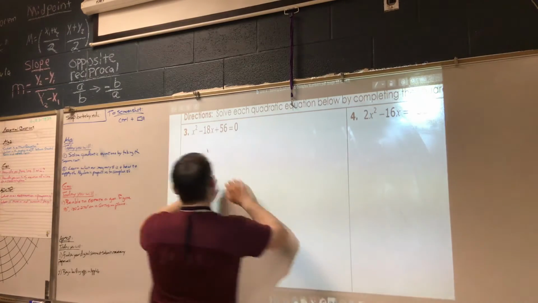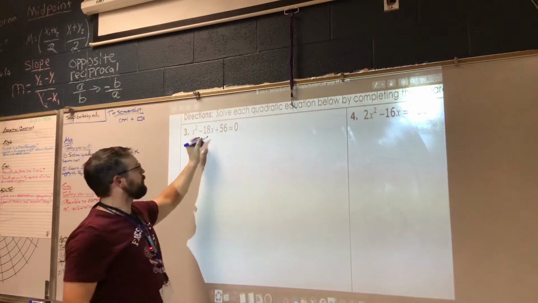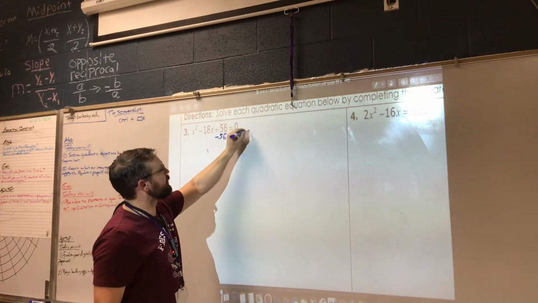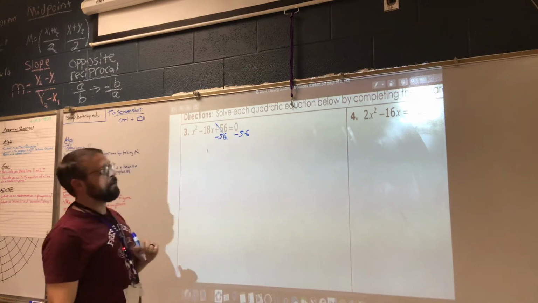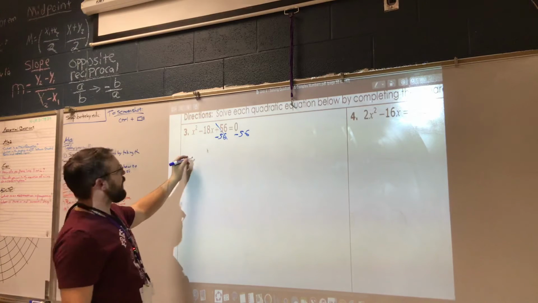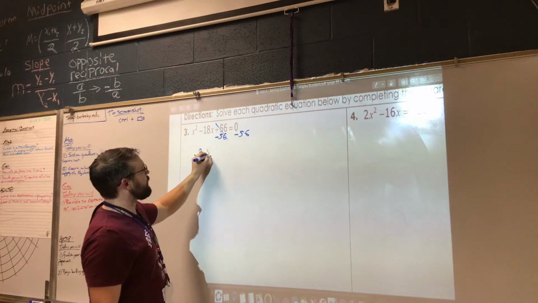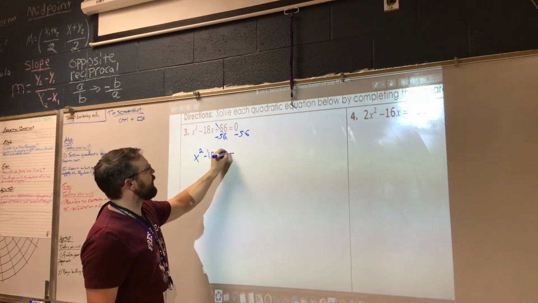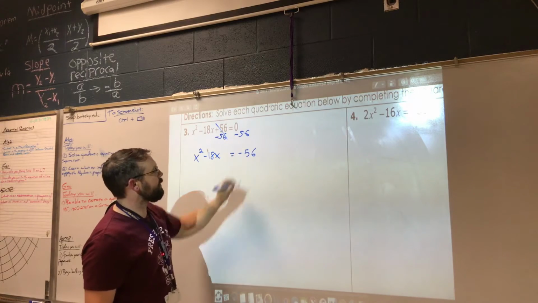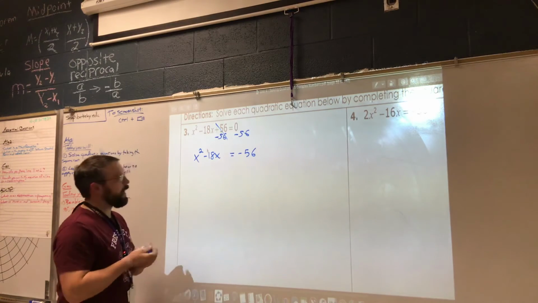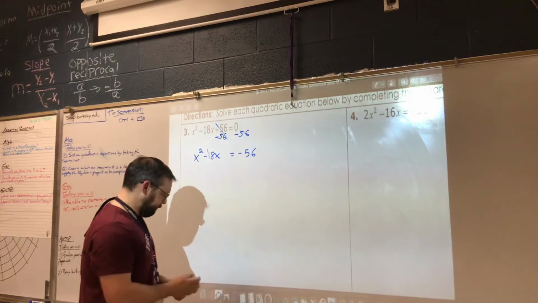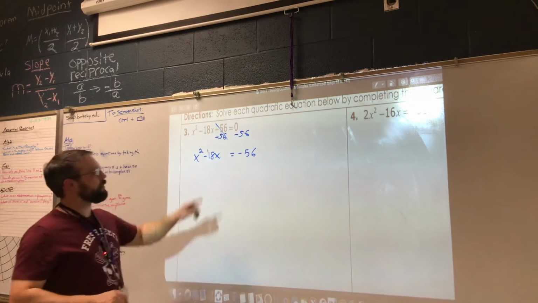So first thing I'm going to do is subtract 56. And then I'm going to rewrite it saying x squared minus 18x equals negative 56. Now notice, and this was not haphazard, I left a little space right here. This space is going to be filled with something.